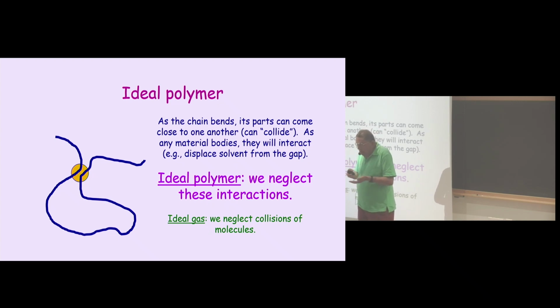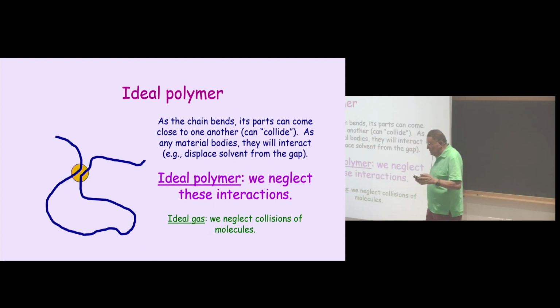If you imagine all volume is packed with atoms, this does not look like ideal gas at all. It is already a crystal. Surprisingly, when all the volume is packed with polymers, every polymer behaves like it is ideal, for a reason that somebody will explain to you later. But it's a fact. And there are some other circumstances. So it's a useful approximation to imagine that polymer is ideal.